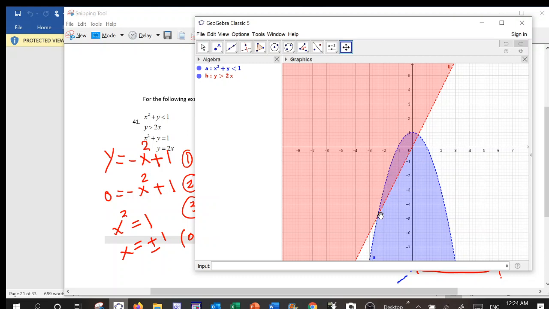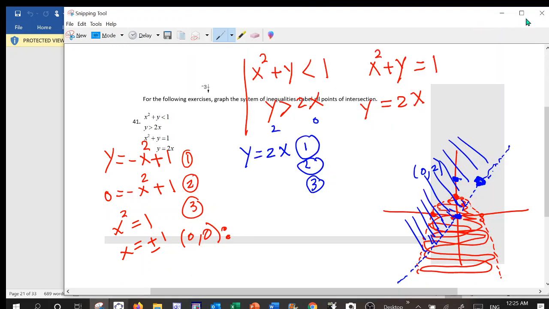Now the intersection, how do we find the intersection? You have to find the intersection between this and the line, right? With GeoGebra, of course, we can do it, but algebraically, how do we find the intersection of the two? We have to solve for y on the first one. If we solve for y for the first one, we get y equals that.